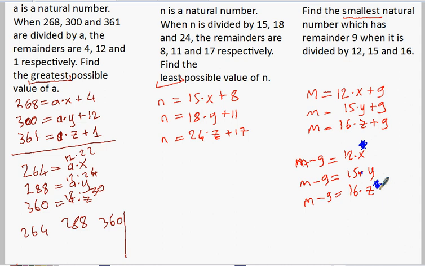We are able to compare these things because the left sides are the same. We will find the LCM of 12, 15, and 16. So what can it be? Let me check once again. It will be 16 times 15, probably 240, if I'm right.